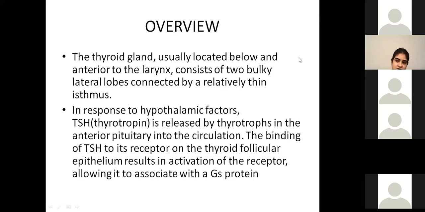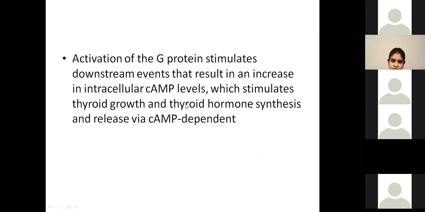That TSH binds to the receptors on the thyroid follicular epithelium, resulting in activation of the receptor, allowing it to associate with G protein, which causes the release of cAMP and causes hormone synthesis to occur.